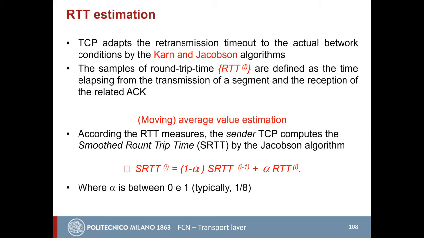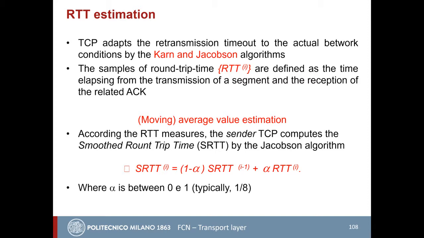If alpha is small, then the smoothing is very high, so the measurement is very smooth, because a high weight is given to the past. If alpha is large, a high weight is given to the last measurement, so the estimation becomes more dynamic.